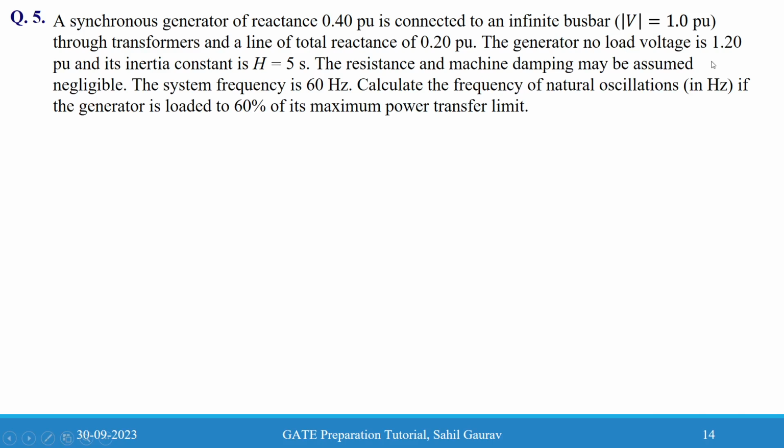The generator no load voltage is 1.20 per unit and its inertia constant H is equal to 5 seconds. The resistance and machine damping may be assumed negligible. The system frequency is 60 Hz. Calculate the frequency of natural oscillation in Hz if the generator is loaded to 60% of its maximum power transfer limit.